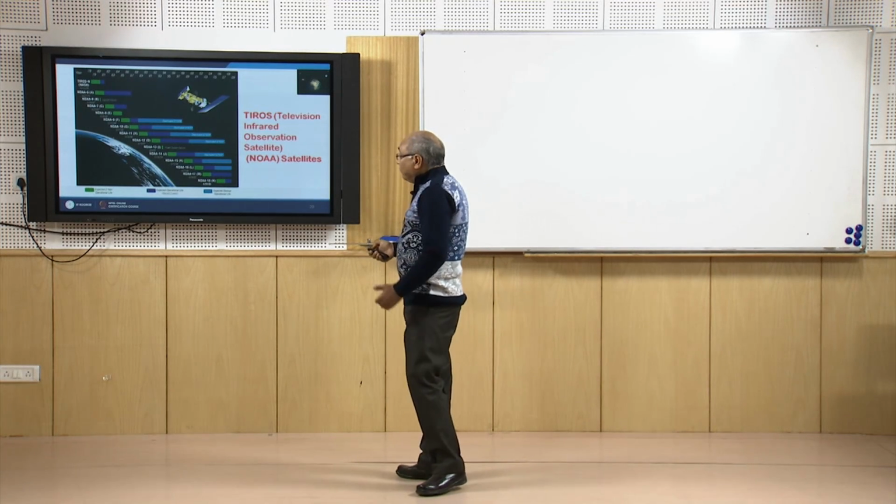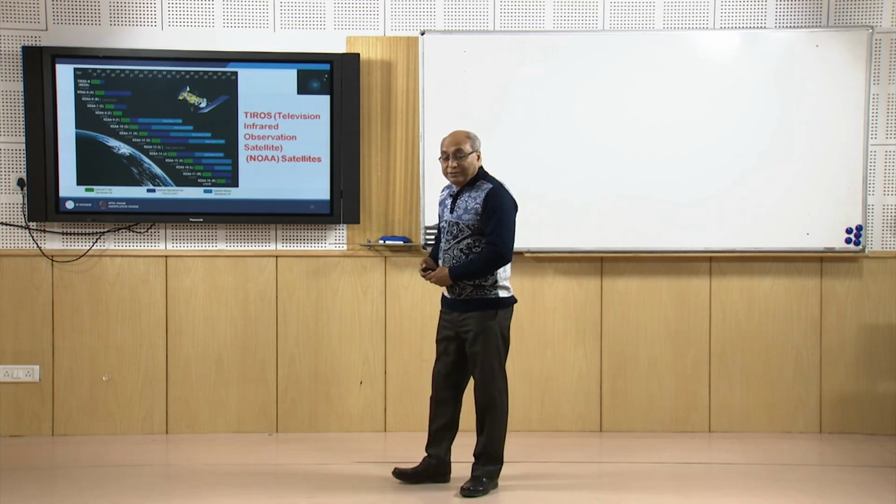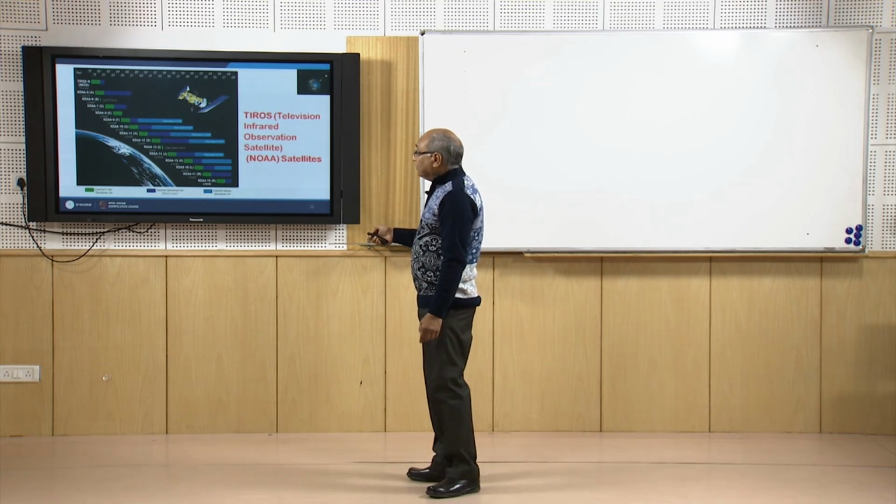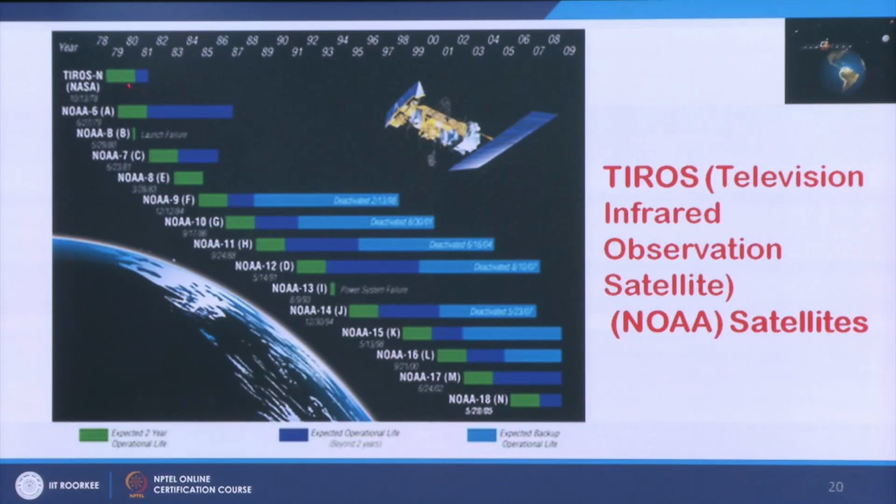Now this is another very popular series of satellites, still operational and still providing data. We started with the TIROS-N series, which was later renamed NOAA, and NOAA 18 and 19 are operational.